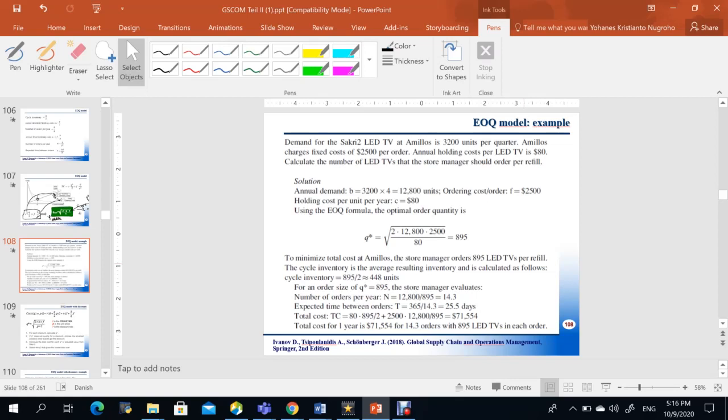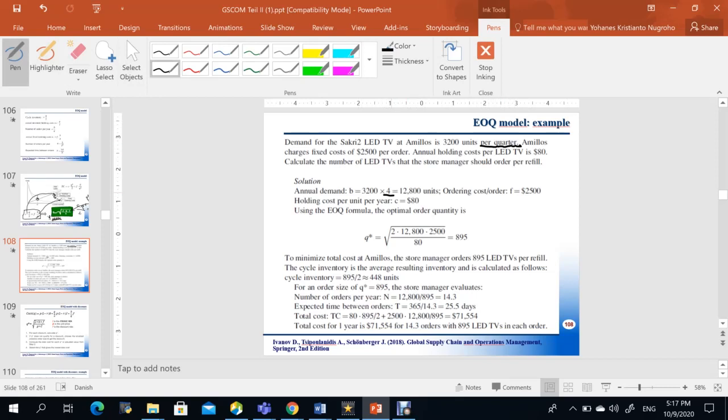First, we have to understand all numbers provided by this question. First, annual demand, that is P, equals 3,200 units per quarter, and because it is per quarter, we have to multiply by 4, because we would like to calculate annual demand.